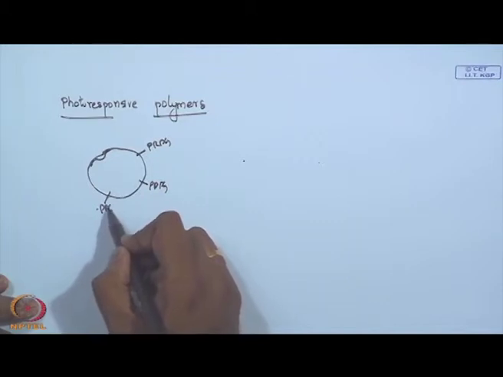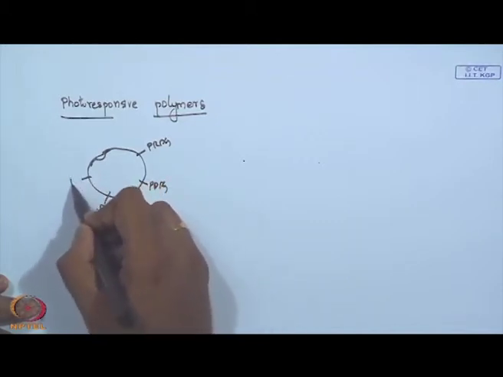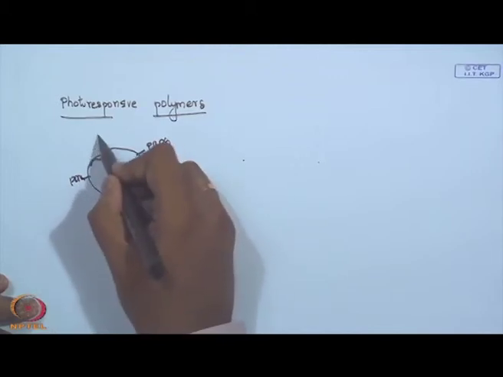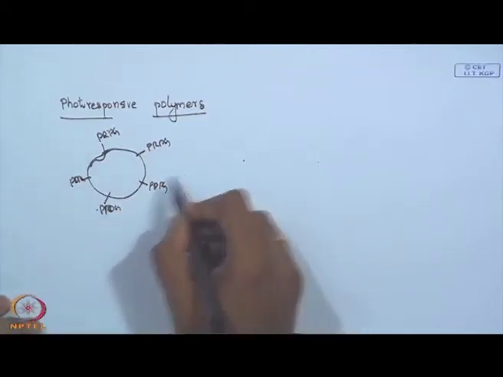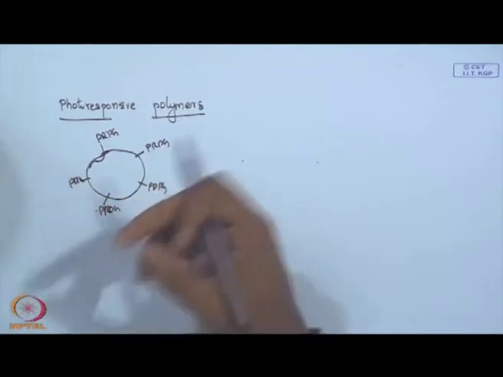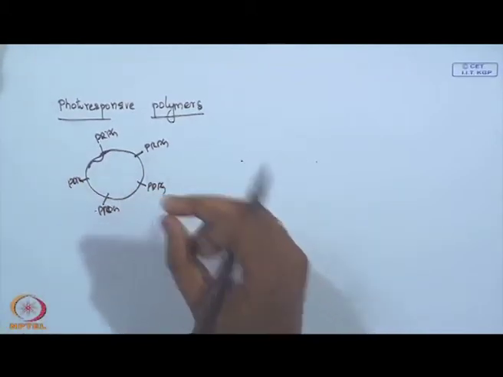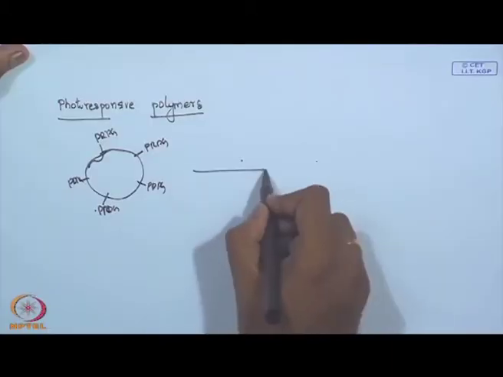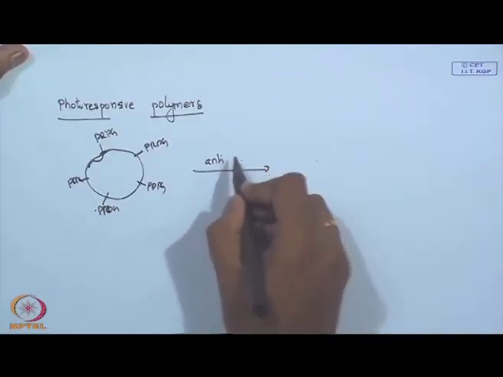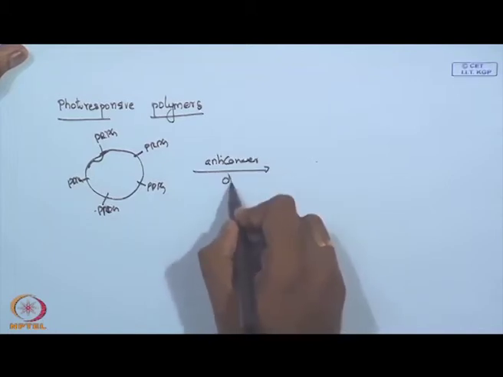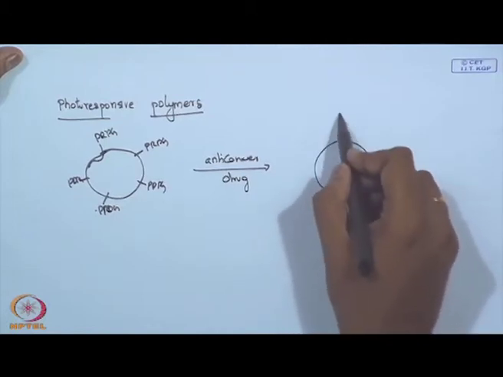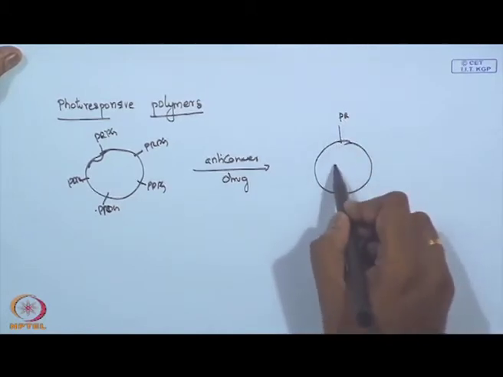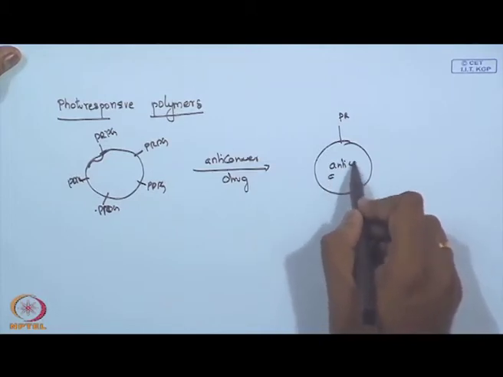So you construct a polymer which has a photoremovable group inside. Now this whole polymer you can make smaller: you can make vesicles and micelles. It becomes very small, and then you can take your anti-cancer drug and load it onto them. But this will be more like physical encapsulation. Your anti-cancer drug will be inside.